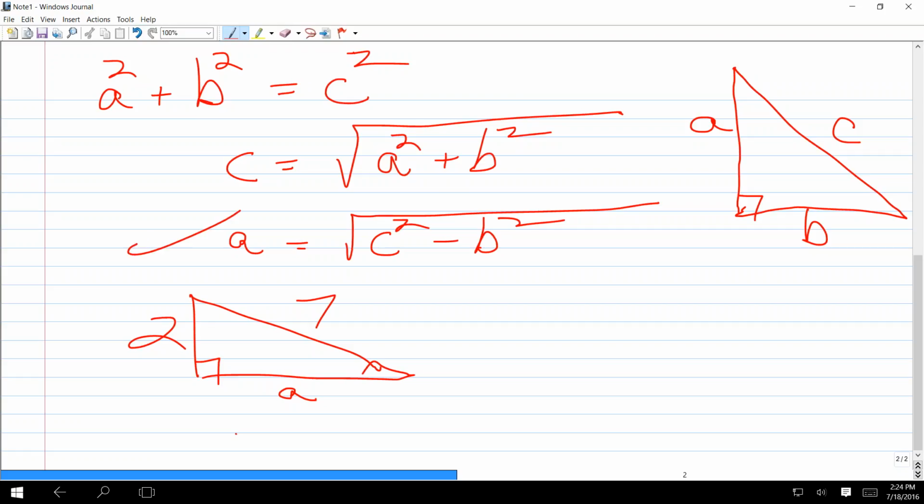Plug it into this formula right there. Well, yeah, because c squared is 7. What's c? What's c squared? Whoops. Square root of 45. Good.